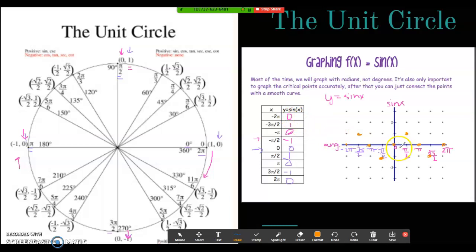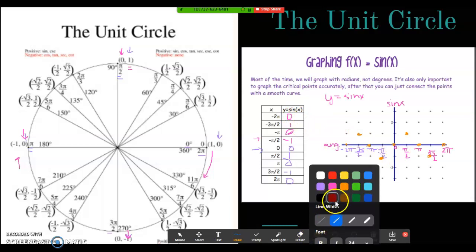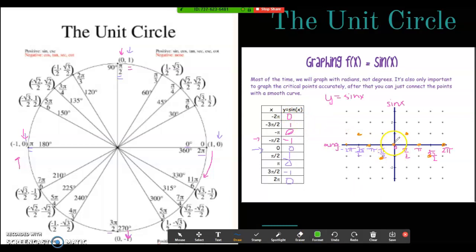All right, and let's just connect it. Notice when we connect it, this is the graph of a smooth continuous curve. This is what we call a periodic function. Notice it just keeps going and going.